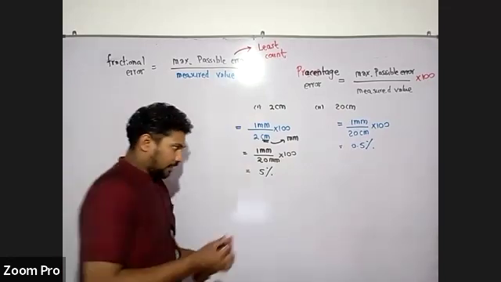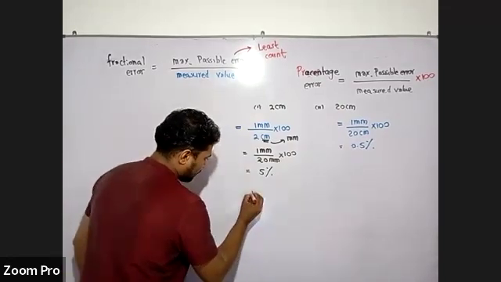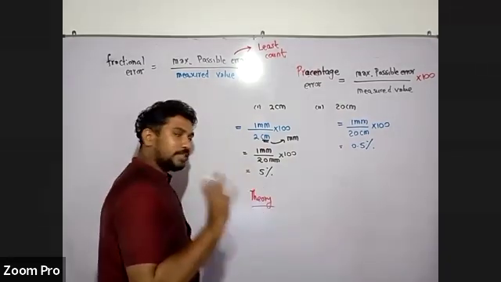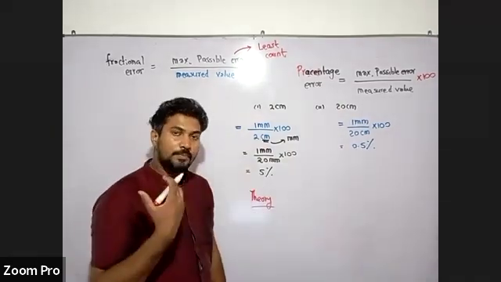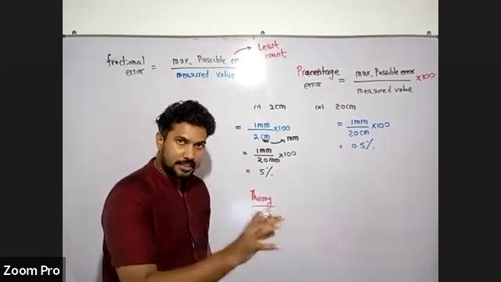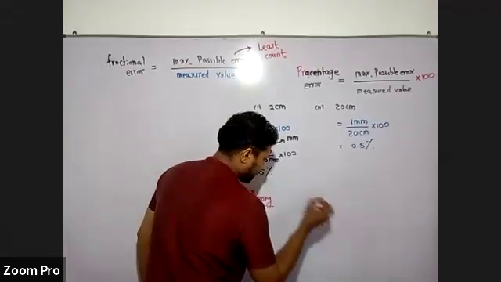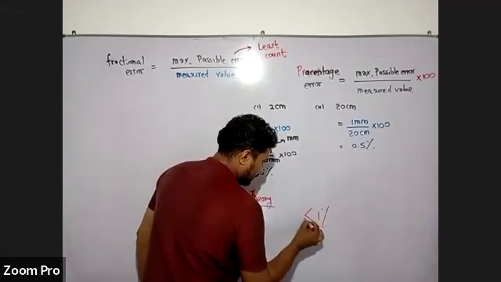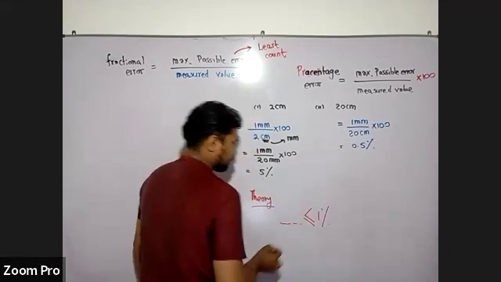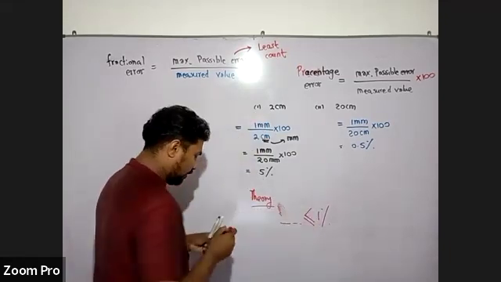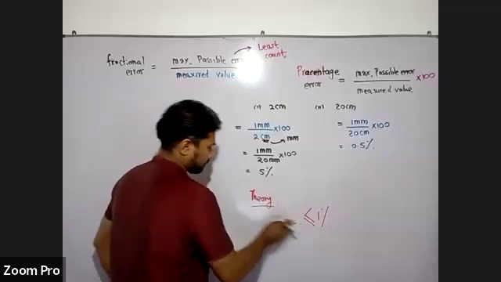So the theory is, for an obtained reading or measured value to be correct, to be accurate, the percentage error should be equal to or less than 1. Percentage error should be equal to or less than 1, right?